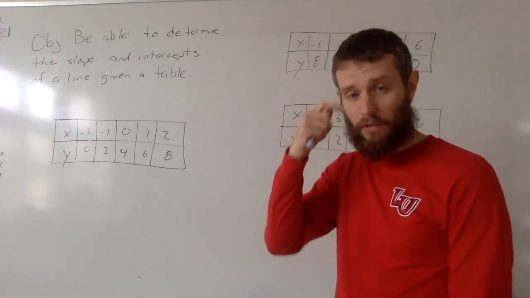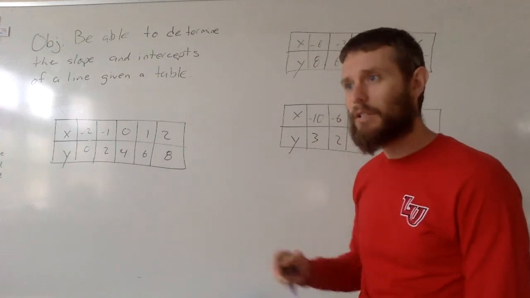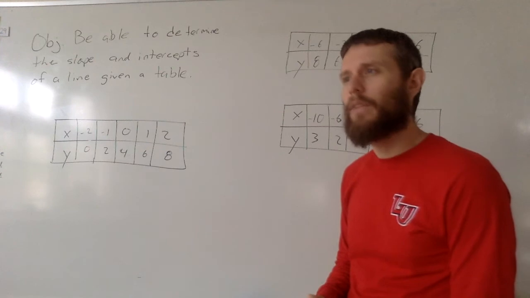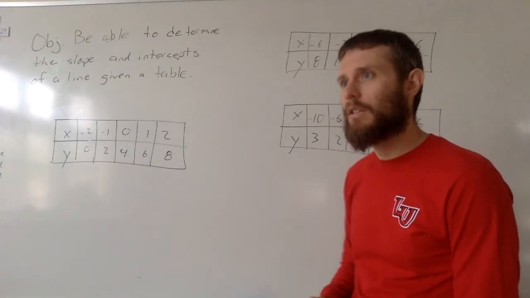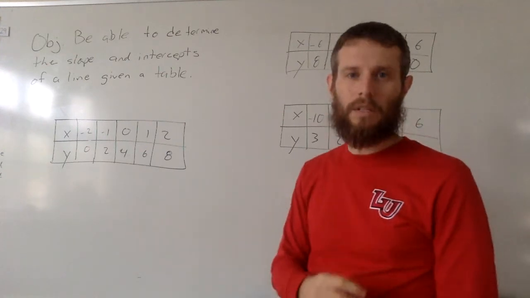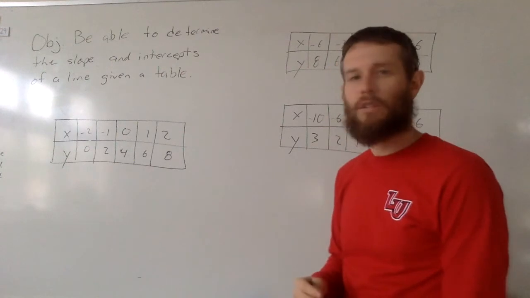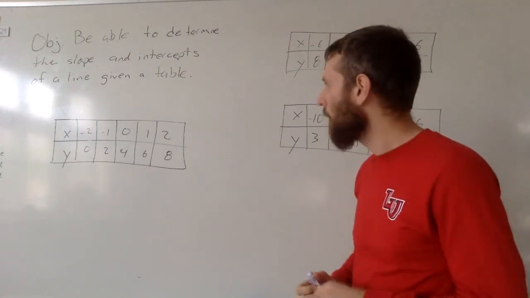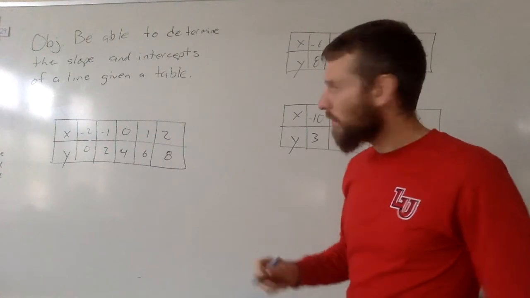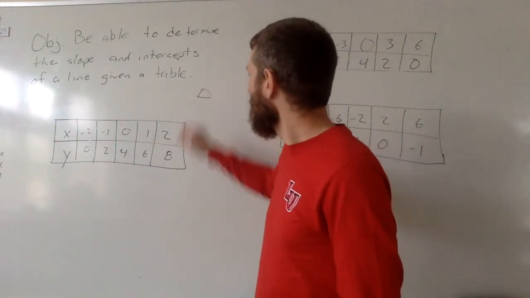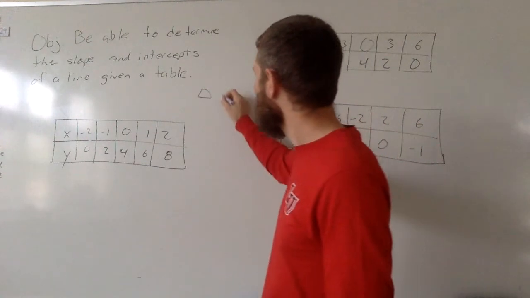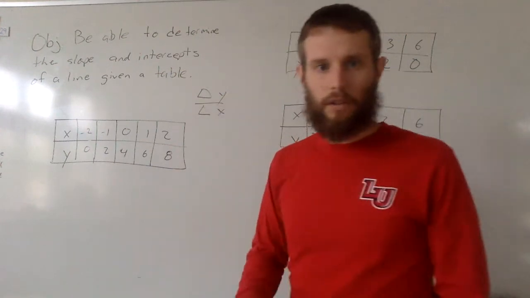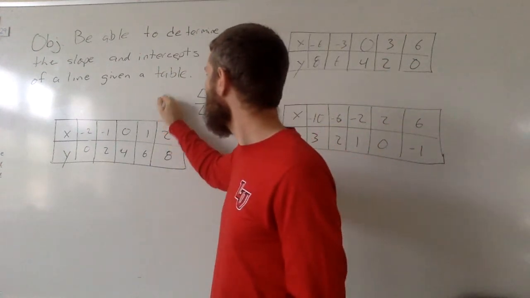So we've defined slope as many different things. It's the steepness or shallowness, I suppose, of the line. It's the m in y equals mx plus b. You've also heard it said rise over run. For this portion, I want you to know that slope is the change in y over the change in x, okay?